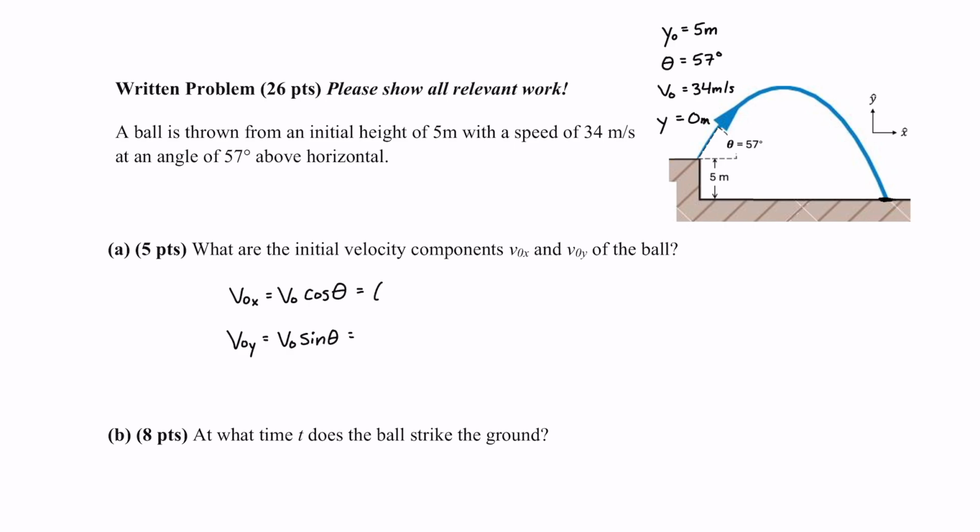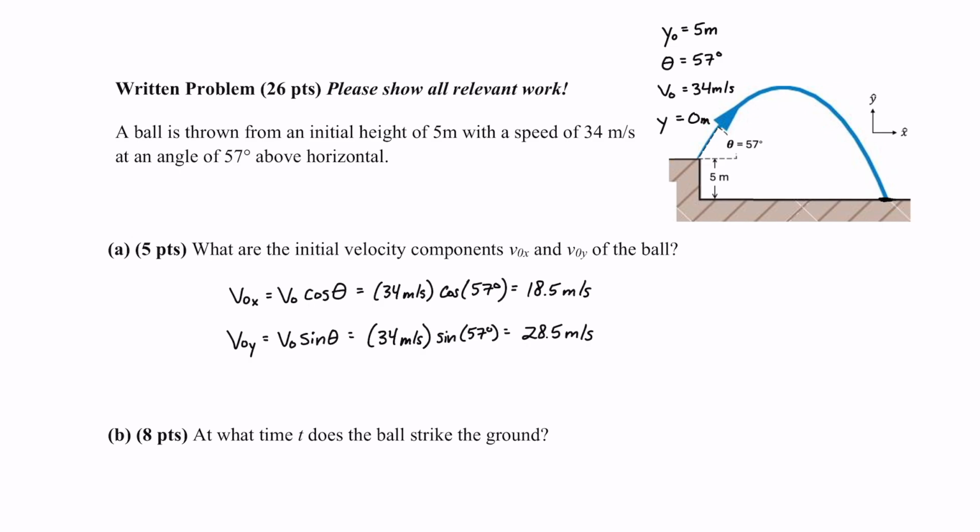Plugging in the numbers for each, we get 18.5 meters per second for the x initial velocity and 28.5 meters per second for the y initial velocity.